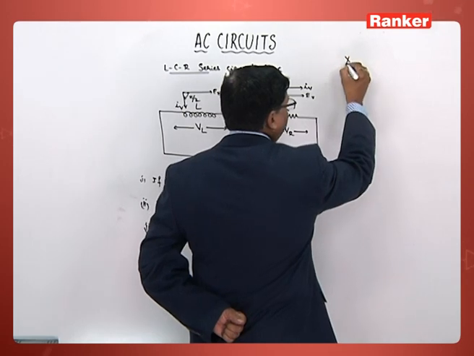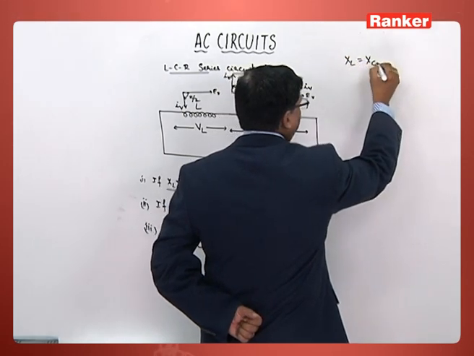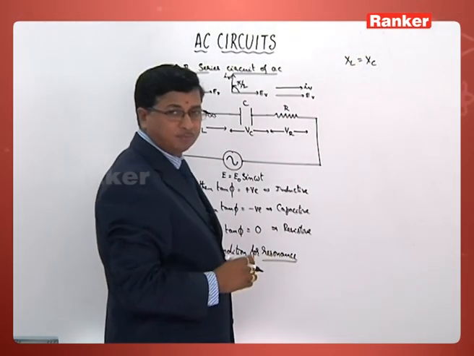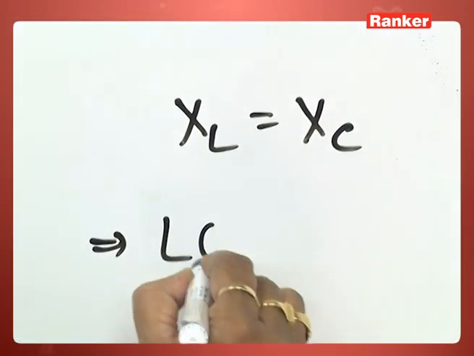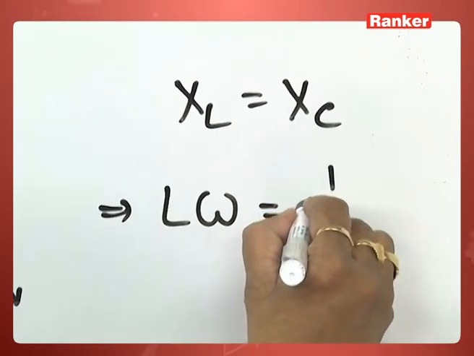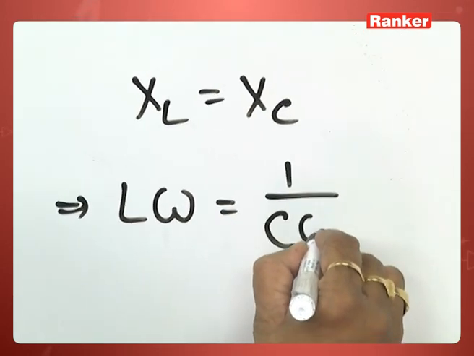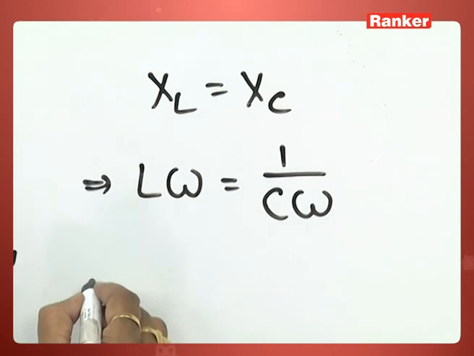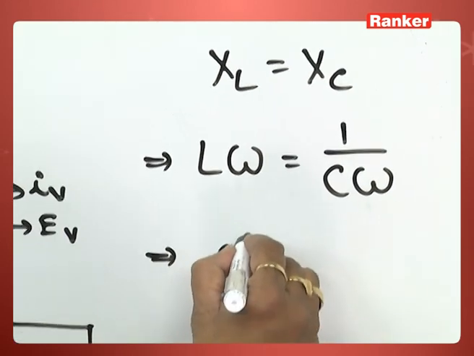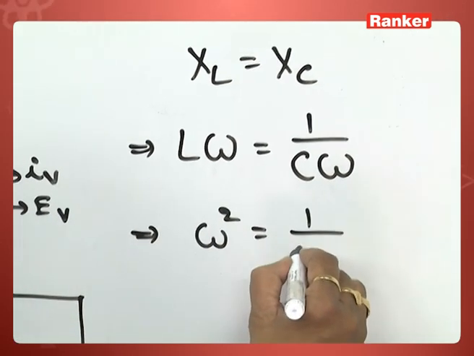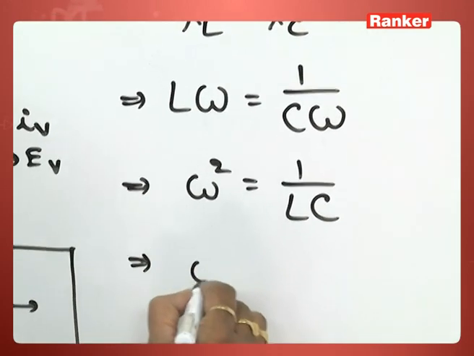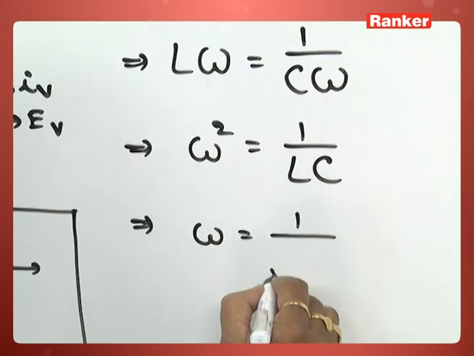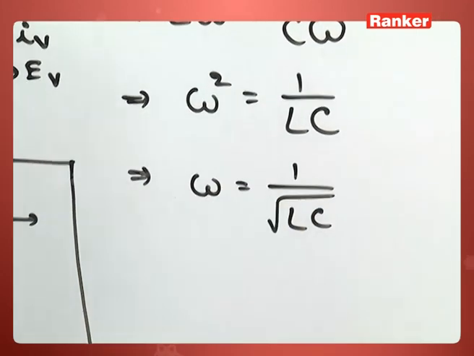When we write XL is equal to XC as the condition for resonance, XL of course we write as L omega, and XC we can write as 1 by C omega. In other words, omega square becomes 1 by LC, and omega becomes 1 by root LC.